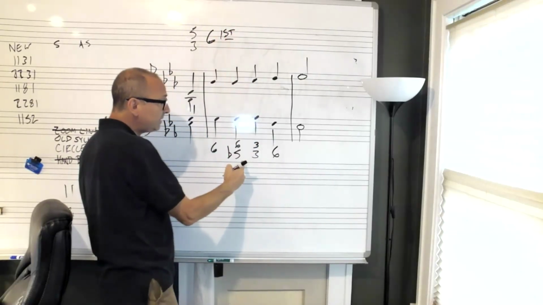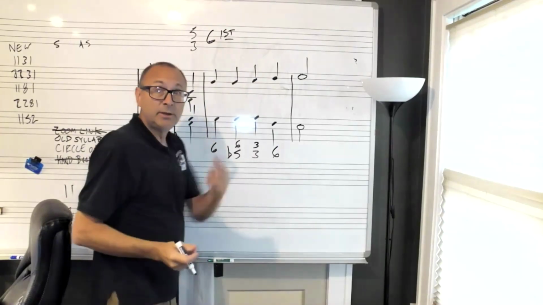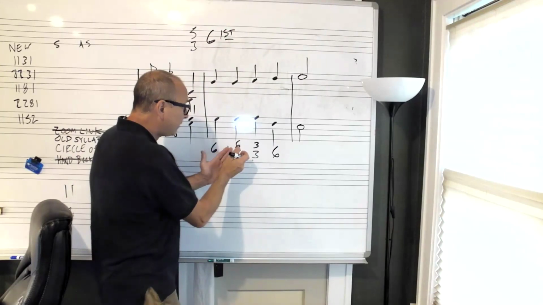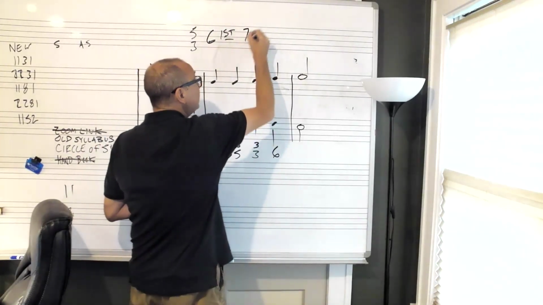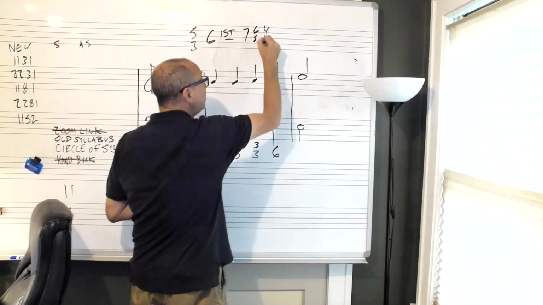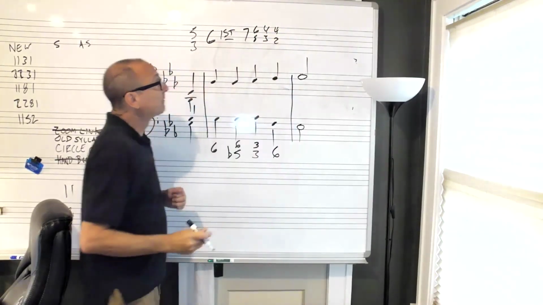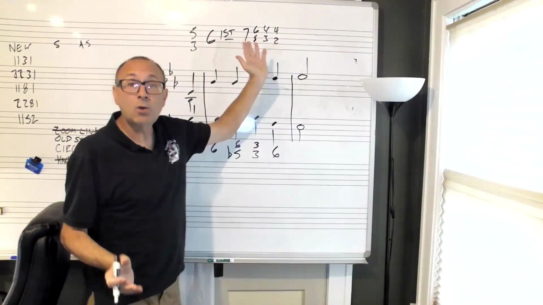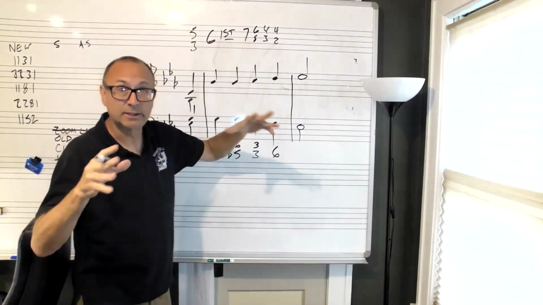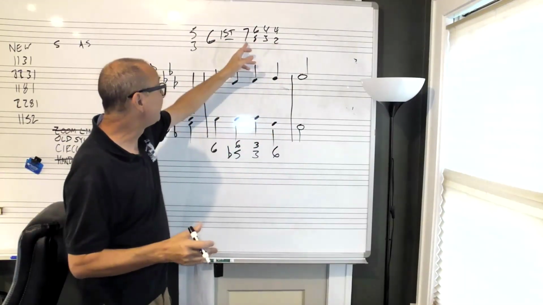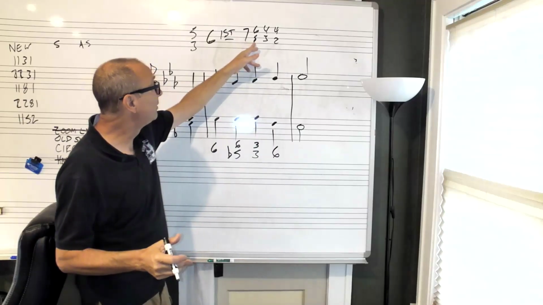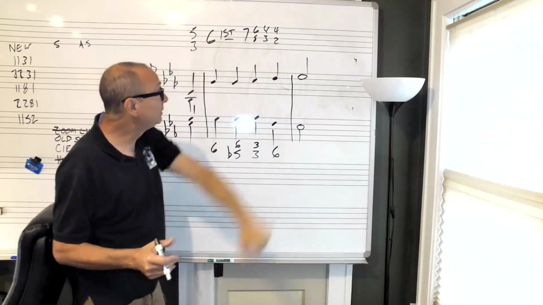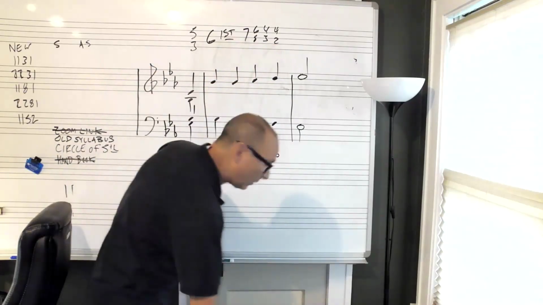If you see a pair of 3s, it means 2/3 above the bass. Now remember 7, 6, 5, 4, 3, 4, 2. This is the code for a chord that has a 7th factor. So 7 is root, 6 5 is first, 4 3 is second, 4 2 is third.